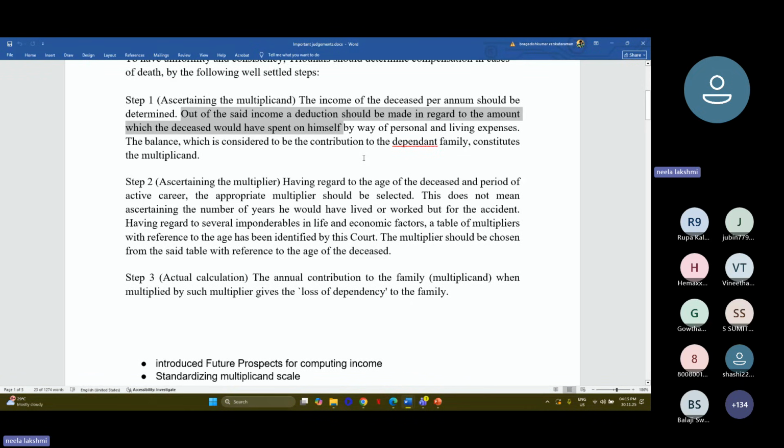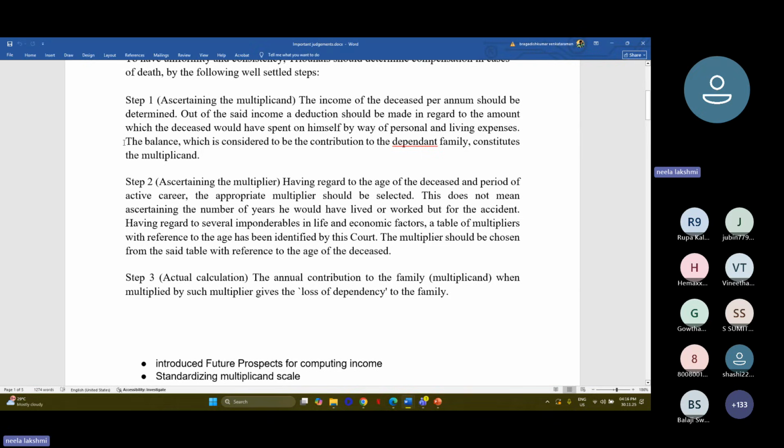If one person had been alive, he would have spent some amount on his own for buying his dress, for his entertainment, for his food, for his stay, for his comfort. So a portion should be reduced from the income of the deceased, which he would have spent on himself by way of personal and living expenses.